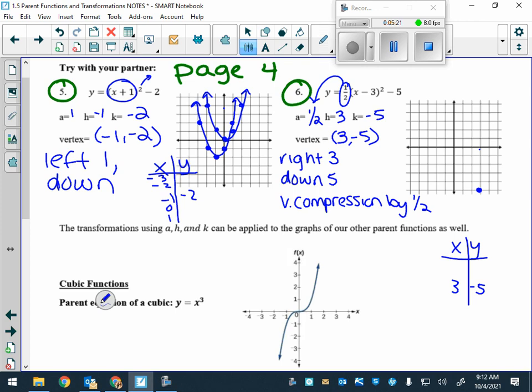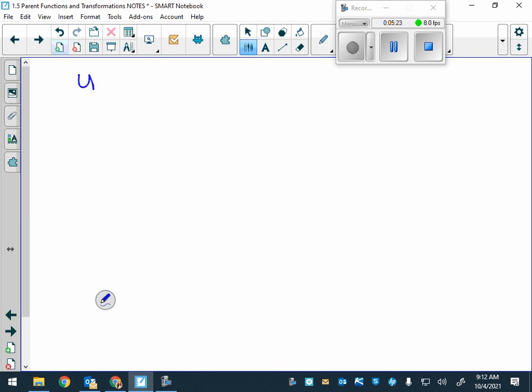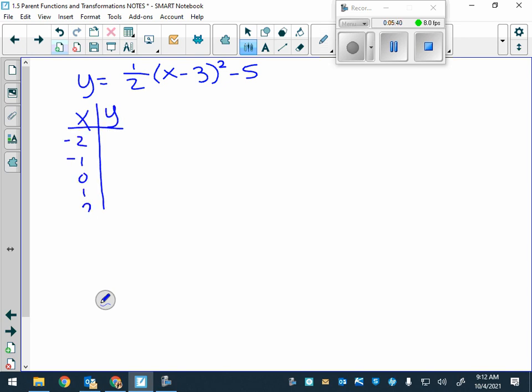Okay? So if you are set on plugging in X values above and below, then do it. This is showing you how it will change from the parent function.